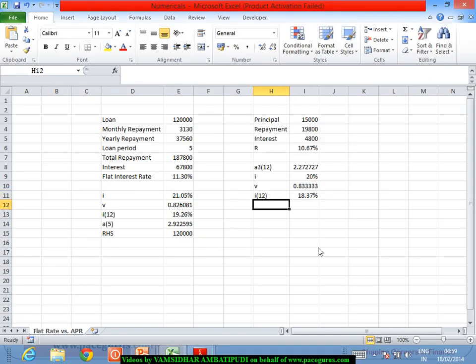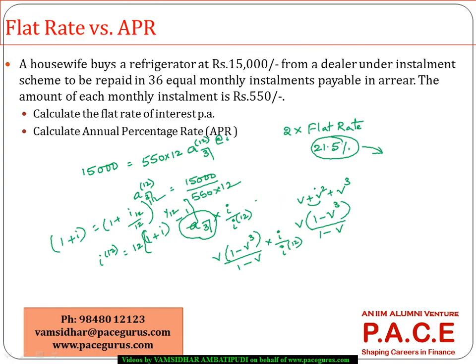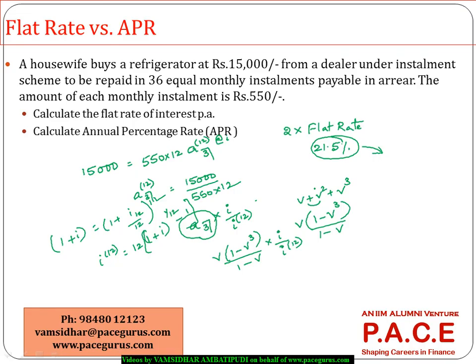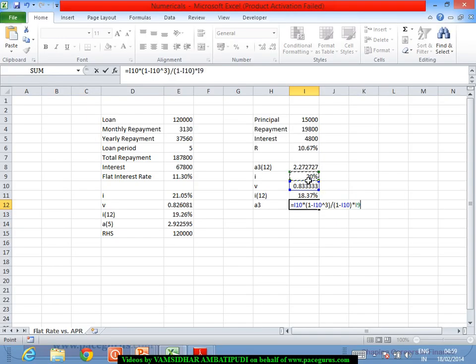So from here I should be able to find out A3 through calculation, which works out as V into 1 minus V cube, divided by 1 minus V, and this multiplied by I and divided by I12.